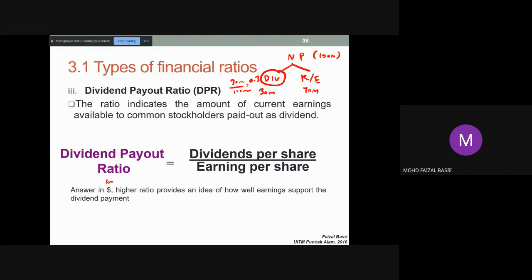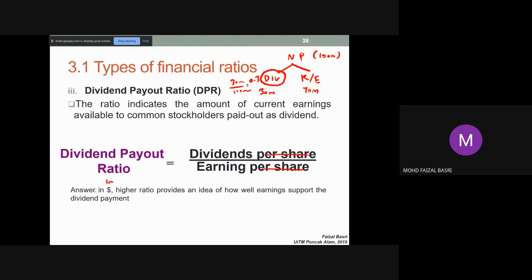So if we knock off the per share basis for both ratios, technically it's dividend divided by net profit. So that's what I did just now. Alternatively, if you don't have the per share basis, you can just take dividend divided by net profit to get the dividend payout ratio.